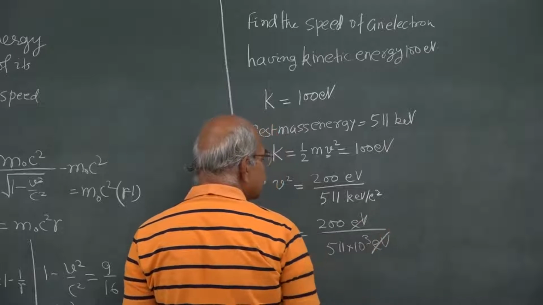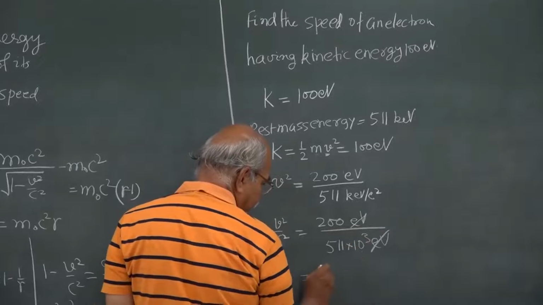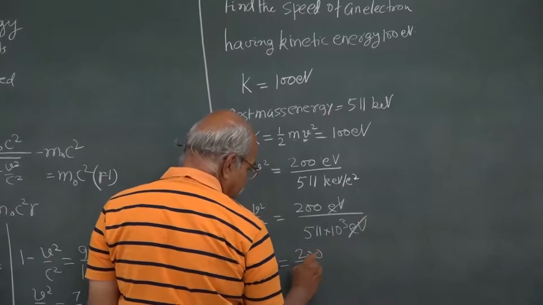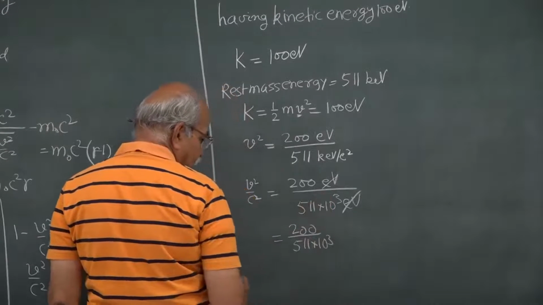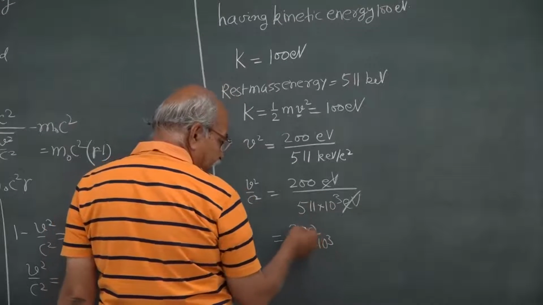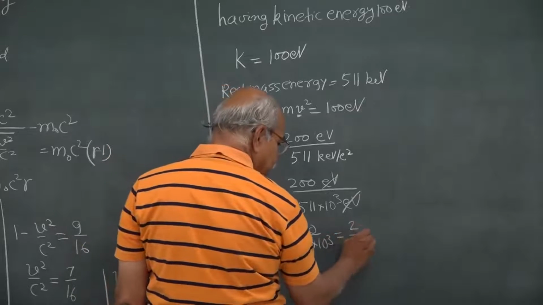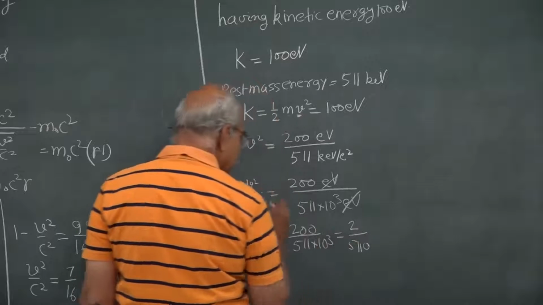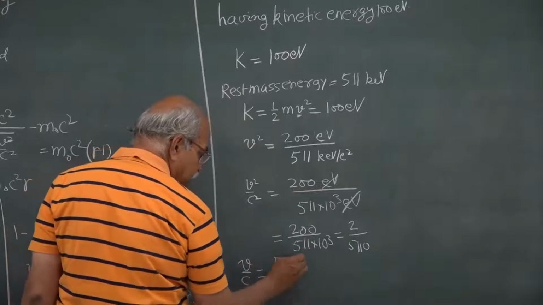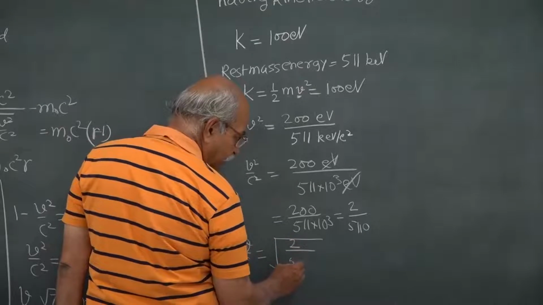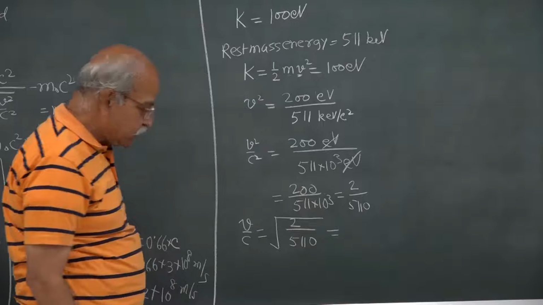So, eV cancel out and you have this equation. Now you can solve it, 200 by 511 into 10 power 3. You can cancel 100 if you so wish. It is 2 divided by 5110 and from here V by C will be square root of 2 by 5110, and you can work out how much it is.